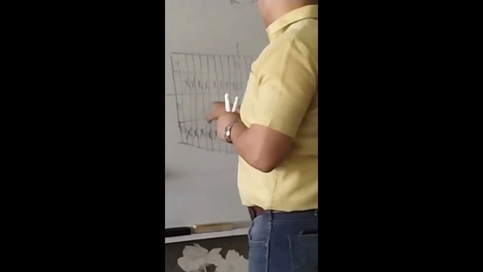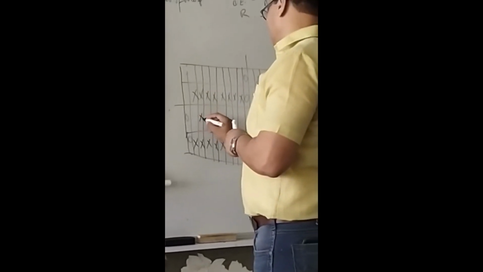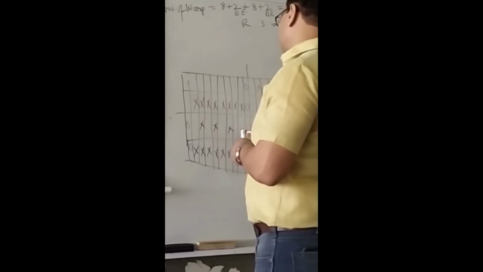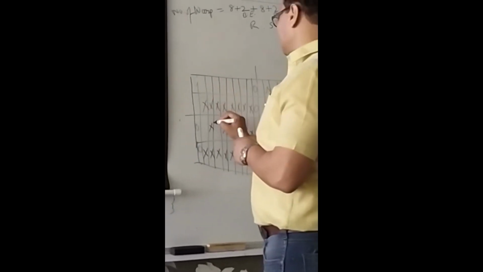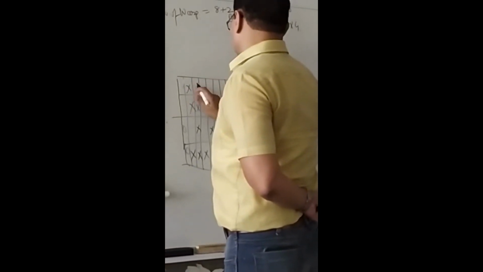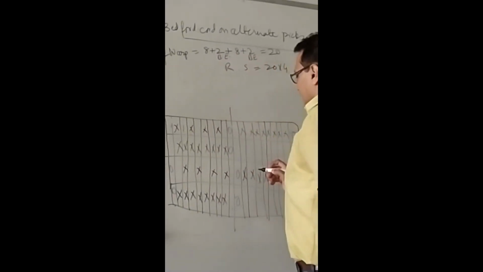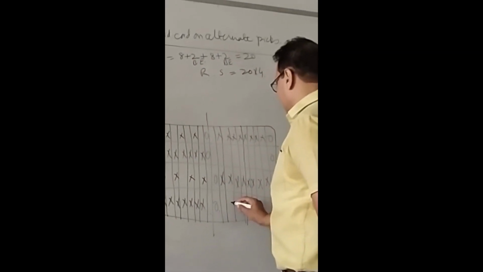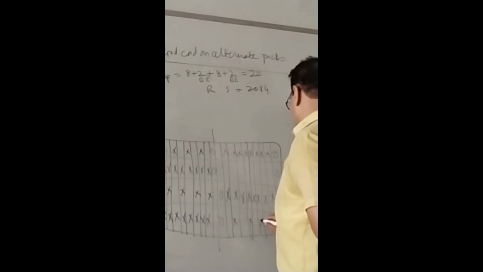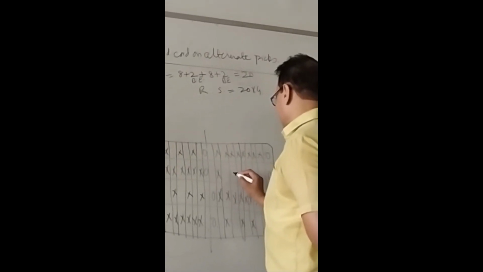Now plain weave in this and this. इसमें कैसे? How is it? 1 up, 1 down, 1 up, 1 down, 1 up, 1 down, 1 up, 1 down. Here also it is opposite to this. In this case, 1 up, 1 down, 1 up, 1 down, and opposite to it.